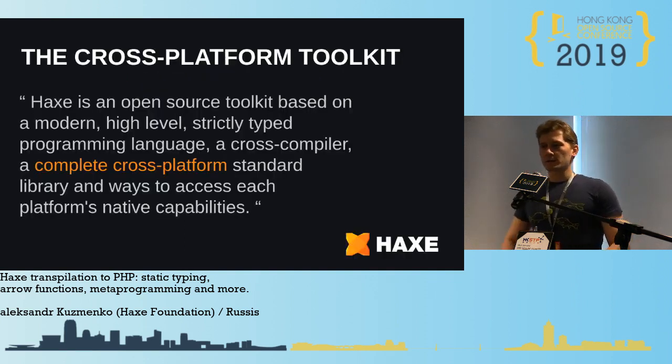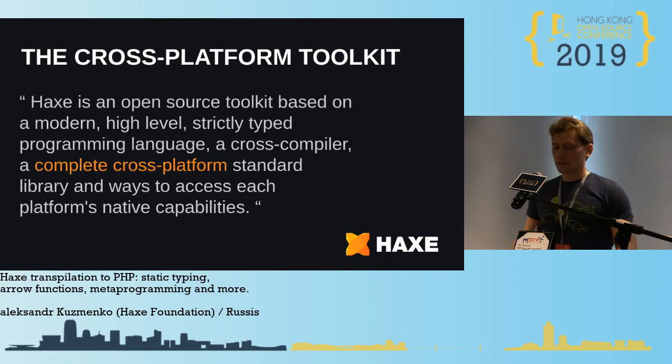A small introduction: what Haxe is. It identifies itself as the cross-platform toolkit, which consists of an open source cross-compiler, which compiles the Haxe programming language to the different target languages and virtual machines.